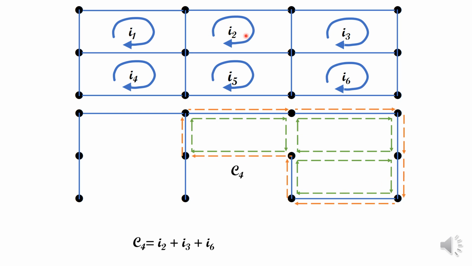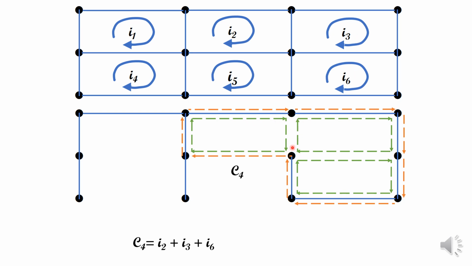If you look at I2, I2 circulates around these green edges here. I3 circulates around these green edges here. I6 circulates around these green edges here. Now, suppose I have X units for I2, I3, and I6.